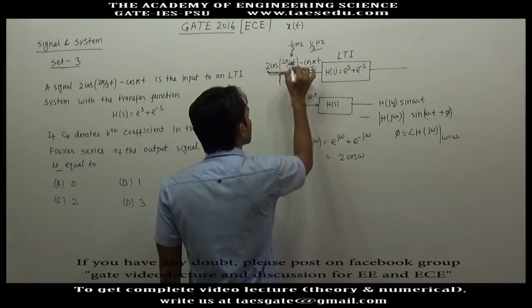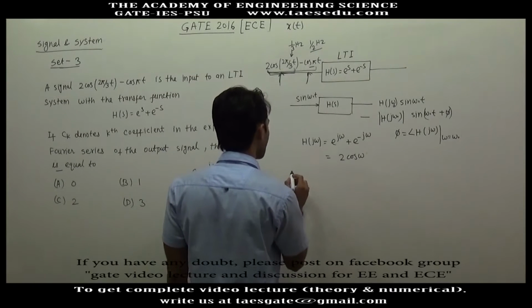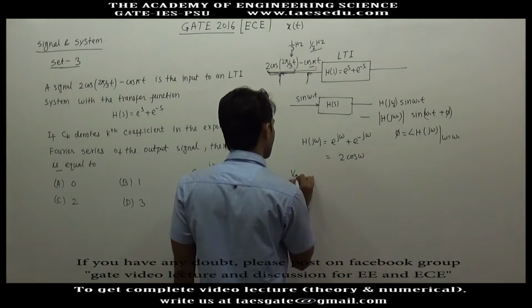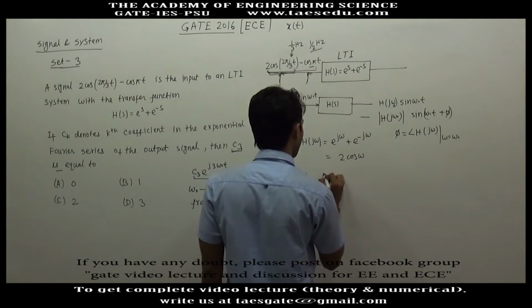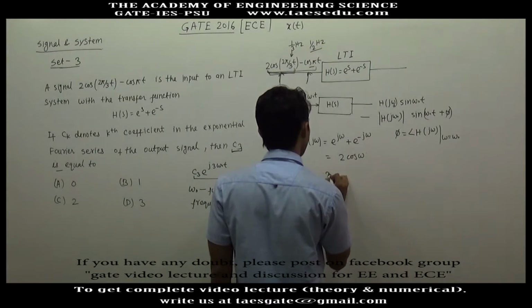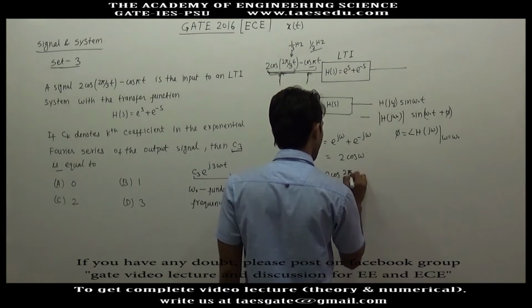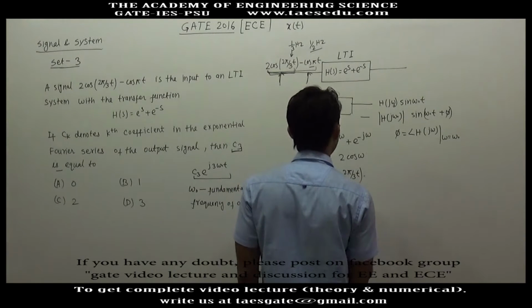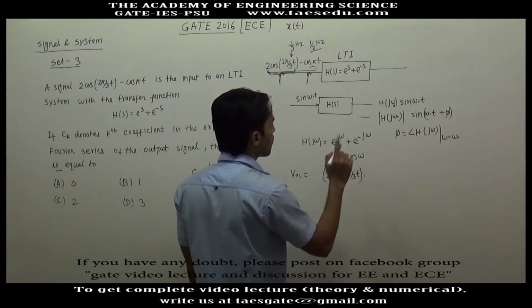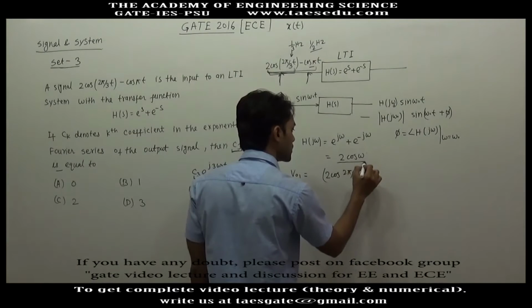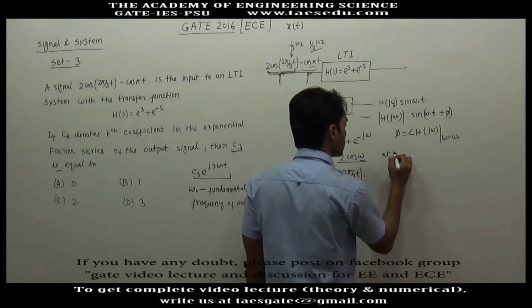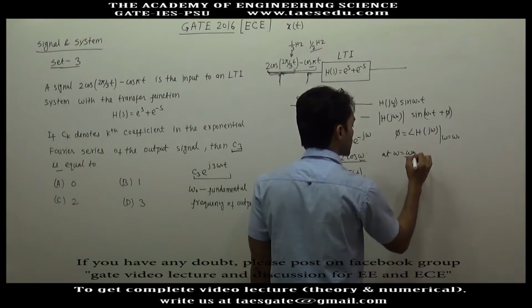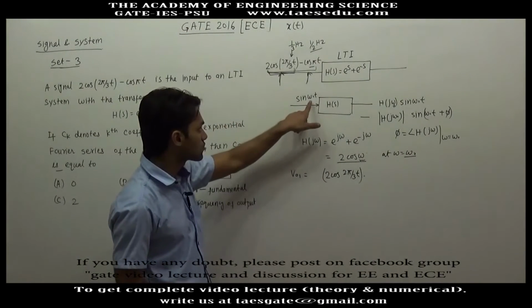Output due to the first signal, let's say V01, will be 2 cos(2π/3 t) into the value of H(j omega) at omega equal to omega naught, where omega naught is the source frequency.